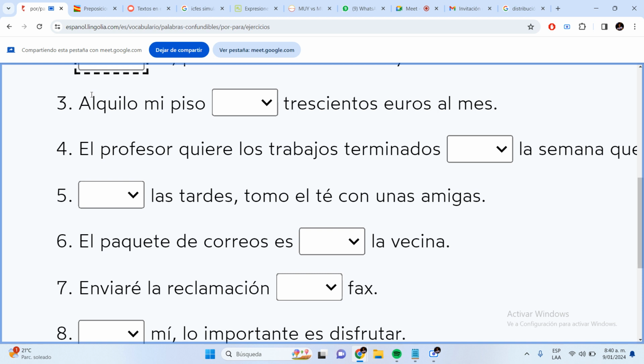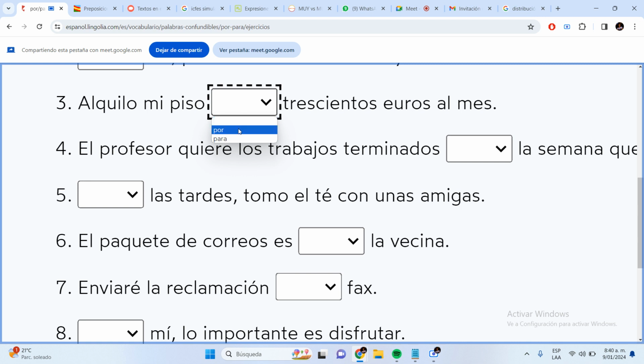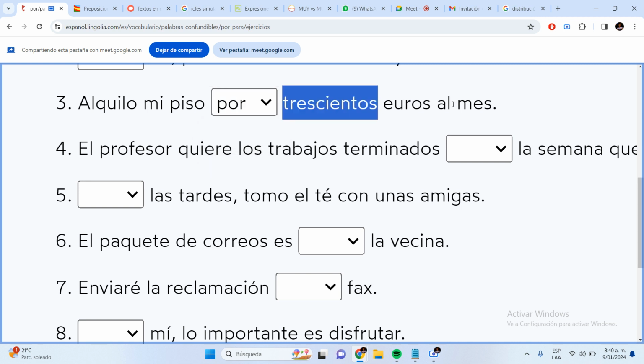Alquilo mi piso por 300 € al mes. But it's not a normal price. That's 300 euros, in Europe, like $330.